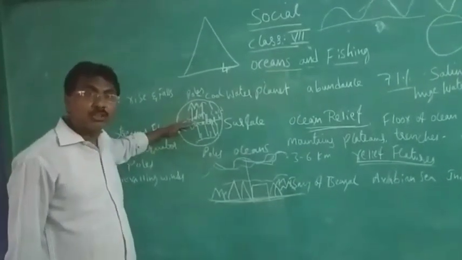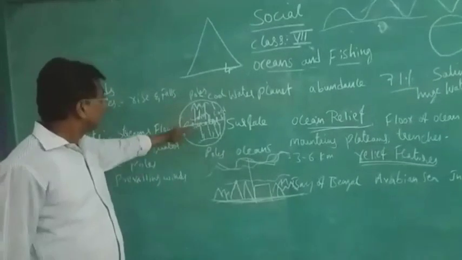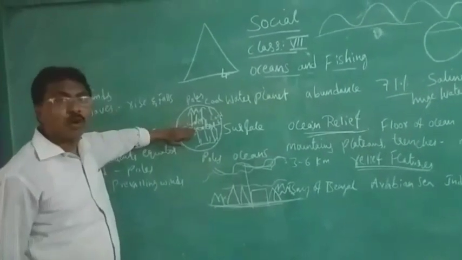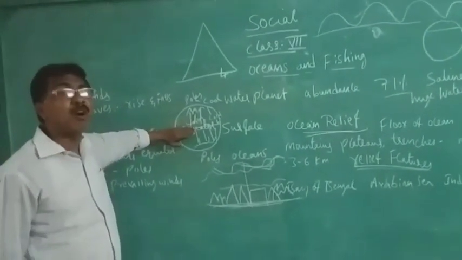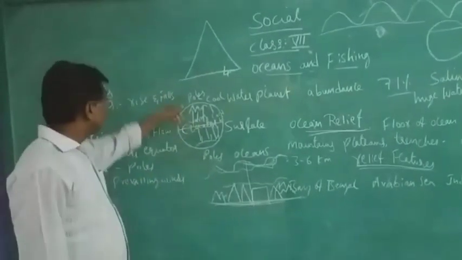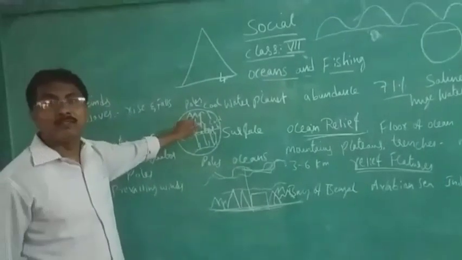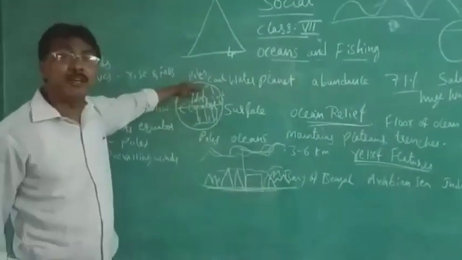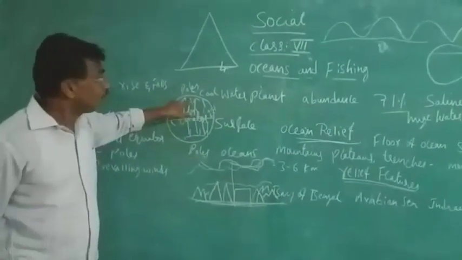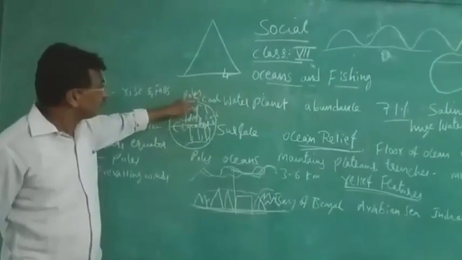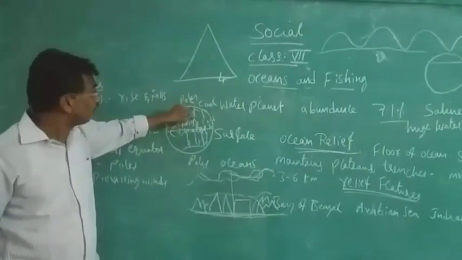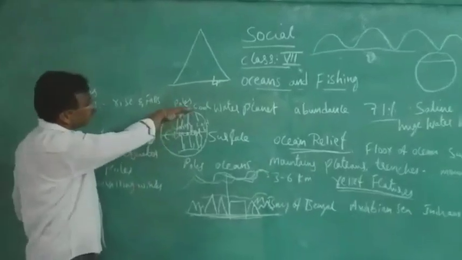So what happens? The ocean water, because of waves, this warm water in the form of waves is going to the polar region. The warm water is moving to the cooler area, and from the cooler area cold currents are coming here.